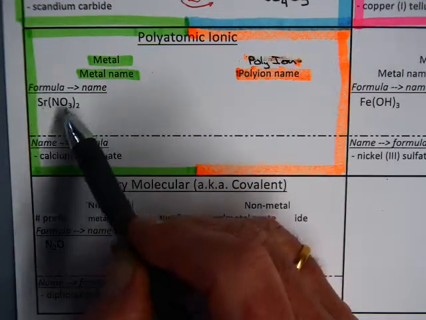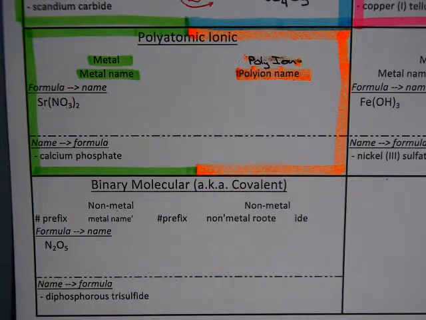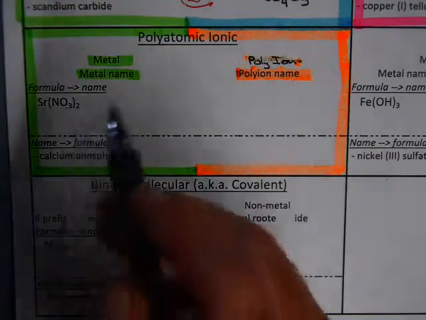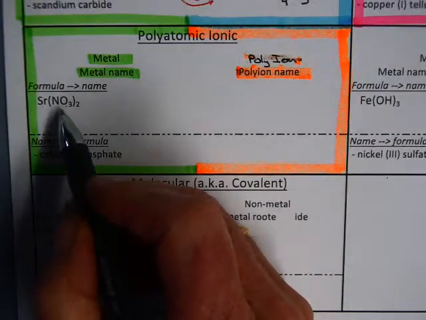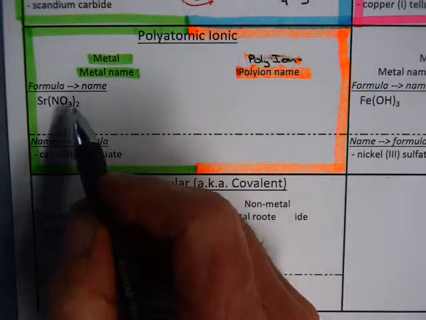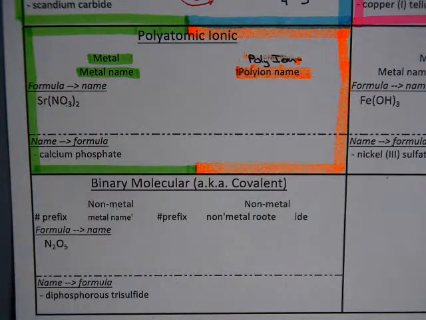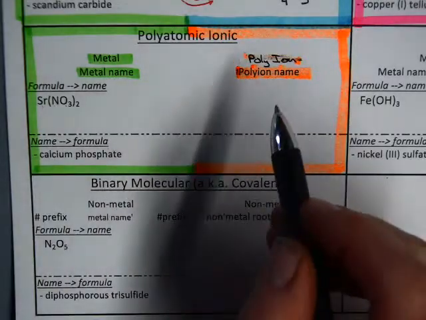So here we have 3, so we know that we're dealing with a polyion. In this case, the polyion is in fact the last 2, and you can tell again, you have confirmation because it's actually bracketed. So, rule: metal name, polyion name.